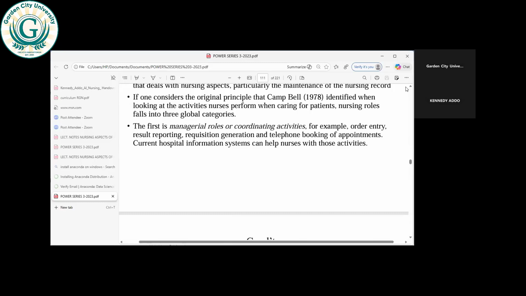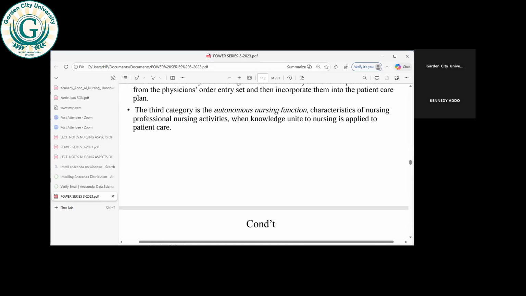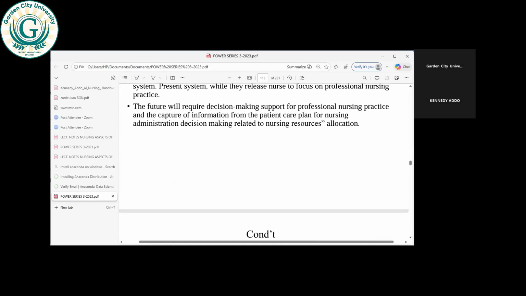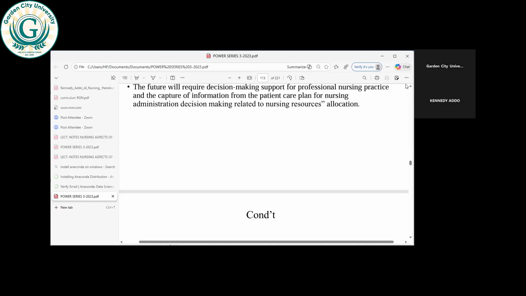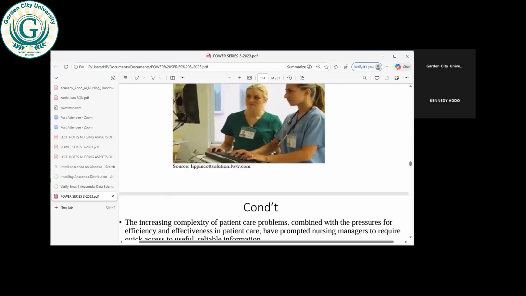We were able to appreciate managerial roles or coordinating activities. Then we also looked at physician-delegated tasks and nursing autonomous functions. We said that all these things must come together to create a fully operational system that will enhance nursing care plans. Okay, so this is an instance of how we want to see our various wards being modernized.